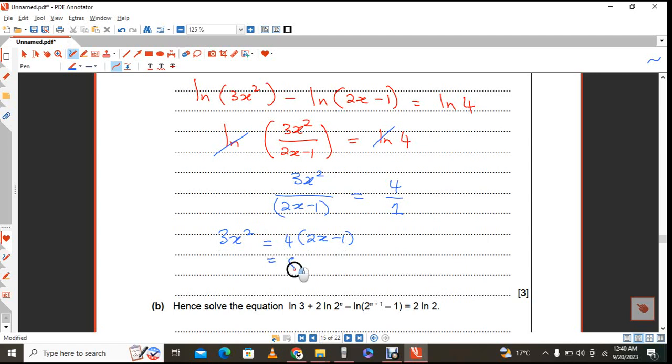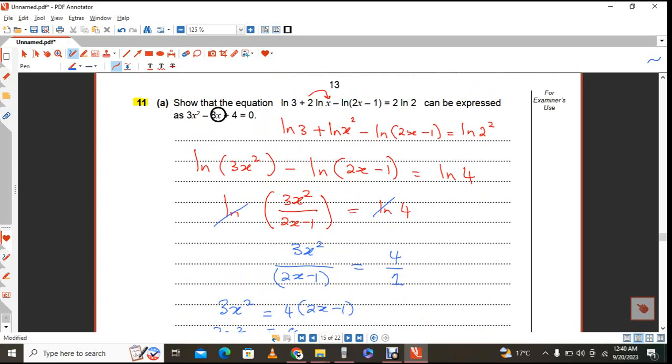But of course that is 8x minus 4. And then you just move everything, because quadratic equations should always equal 0. And this was what we're required to show. Okay, 3x squared minus 8x plus 4, as it's appearing there.